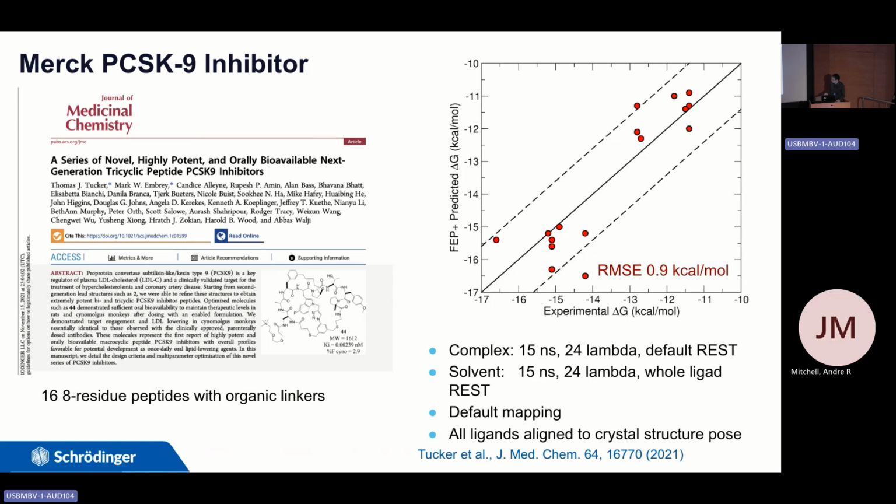As mentioned earlier, the bioactive conformation of the peptide in the binding pocket usually differs from that in the lowest energy conformation in solvent. To improve the conformational space sampling, we included the entire ligand in the REST region in the solvent leg of FEP and also ran the transformation longer, to about 15 nanoseconds. And with this kind of enhanced sampling, the experimental SAR is accurately modeled by the method.